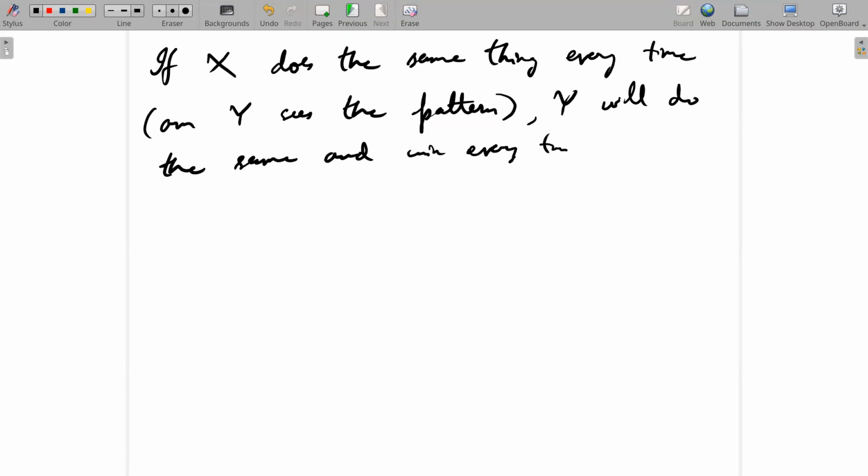And conversely, if Y does the same thing, then X will just do the opposite and always win. So the moral is both players must have a mixed strategy.